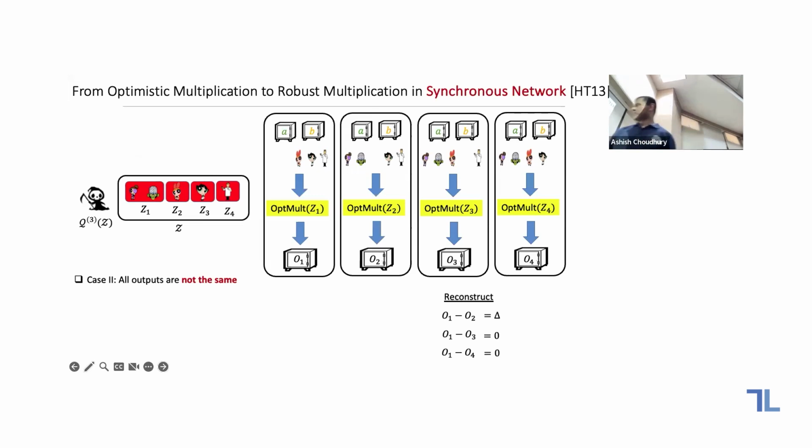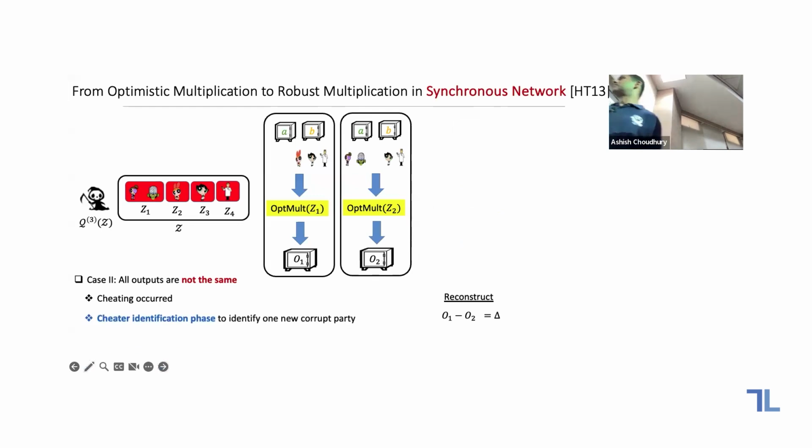Case two could be that the differences are not all zero. That means you know that cheating has occurred in at least one of the optimistic multiplication instances. So what you can do is focus on the least indexed two instances where the values are different, and you know that cheating has occurred in one of these two instances.